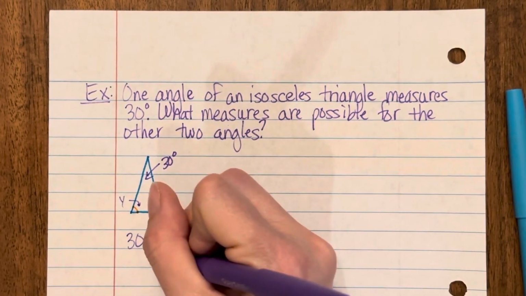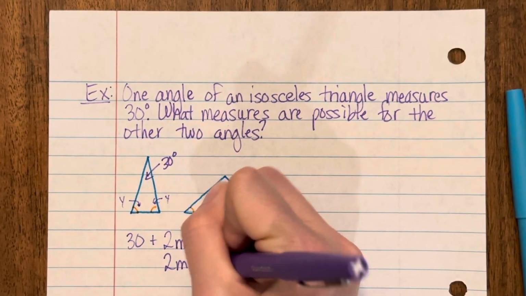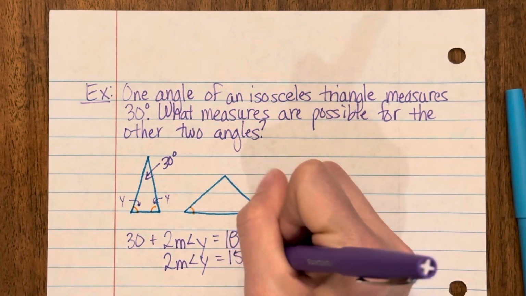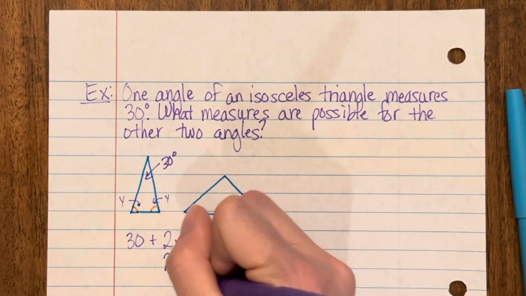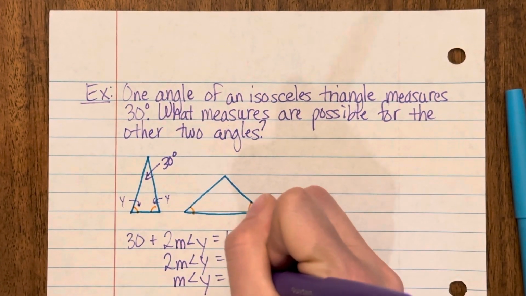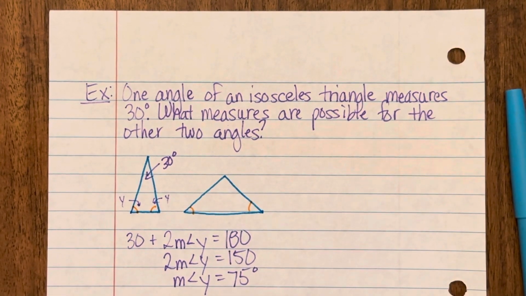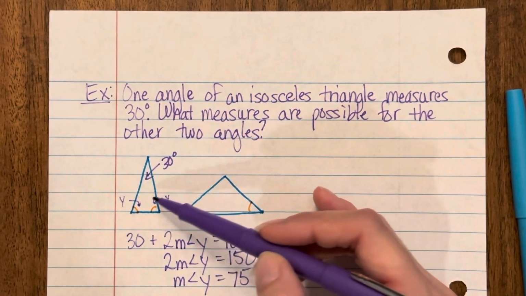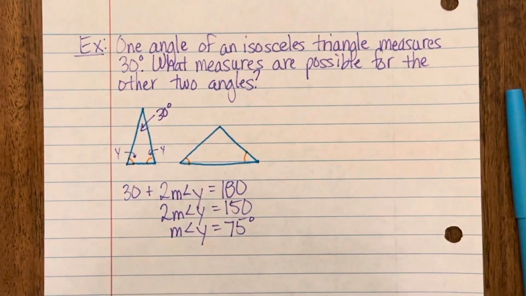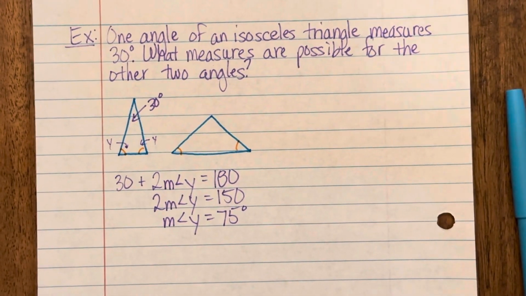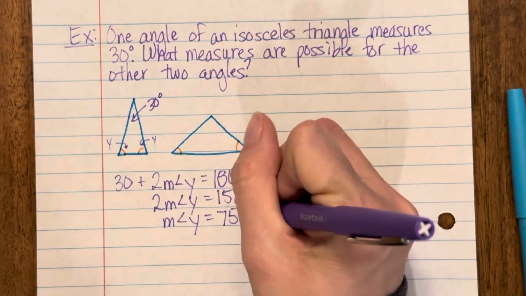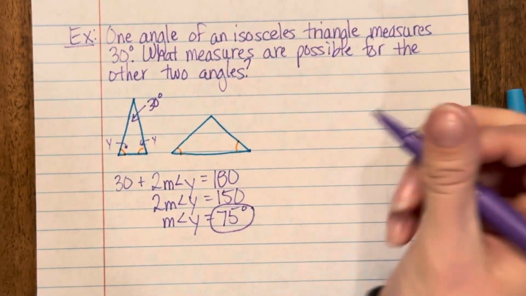So I'm going to subtract 30 from both sides. Then I'm going to divide both sides by 2. And I get that 75 is a possible angle for these two. So this is a possibility, I'm going to circle this. 75 could be the measure of the other angles.